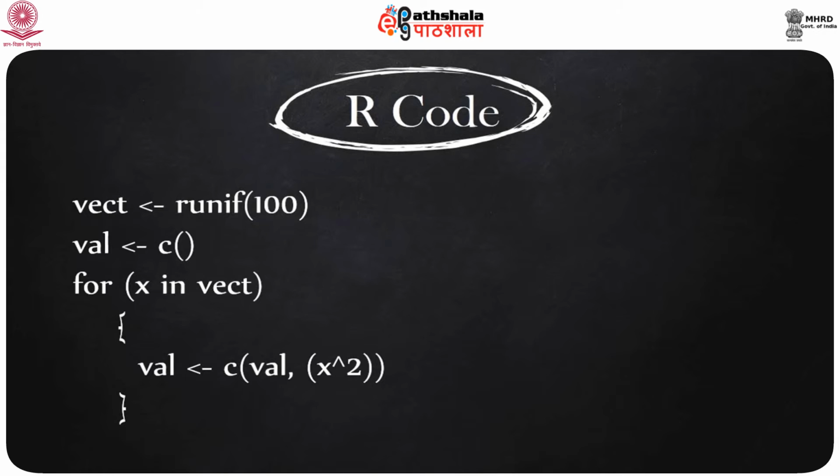Here x is going along the elements of the vector vect, and then we are applying the square root function here, and we end up with the square roots of the values. Often we do not come across such kinds of looping structures. Why does this happen? Usually this is not a good choice because the way it saves the output is indeed very inefficient.